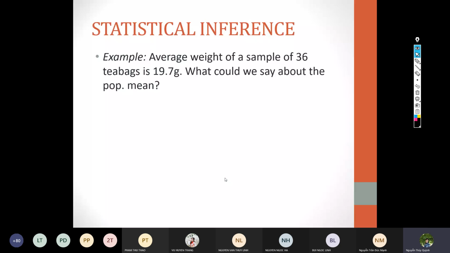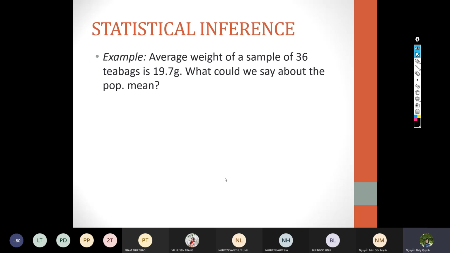We can find out the characteristics of the population by collecting the data of the whole population. There are two ways that we can do this to know about the population parameters. The first one is to collect the data of the whole population of interest.